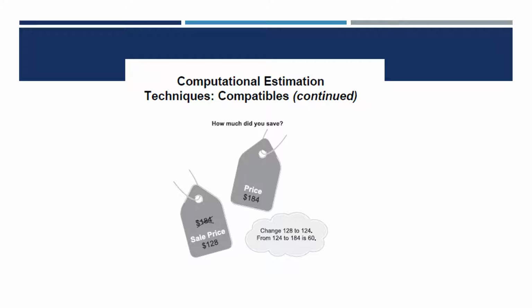Well, that's not an estimation, because in order to estimate, you should not have to do the problem. You should do the rounding first. Estimation is the reason why we can go to the store and make purchases without taking a calculator with us. We have to be able to do a lot of estimation in our heads.